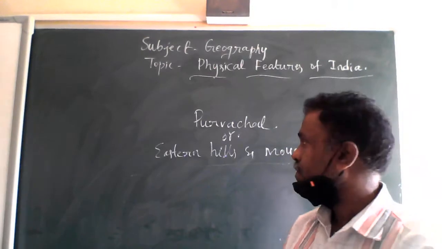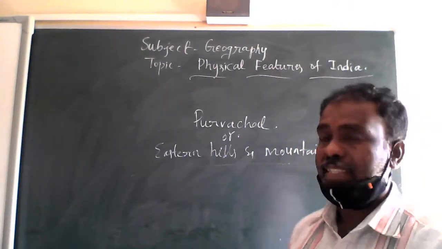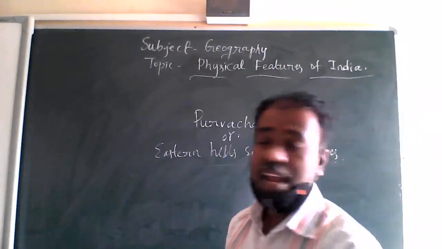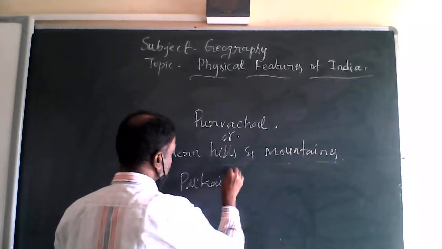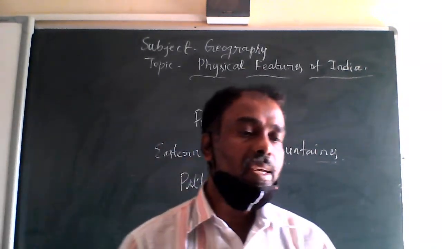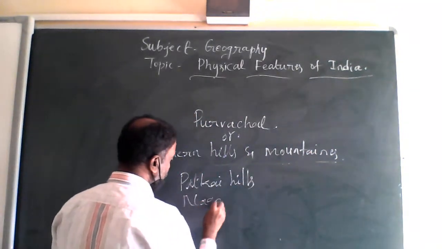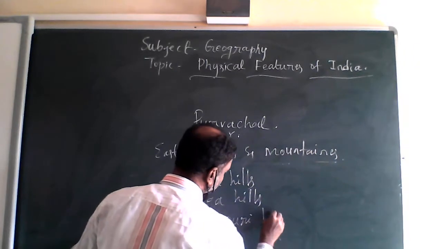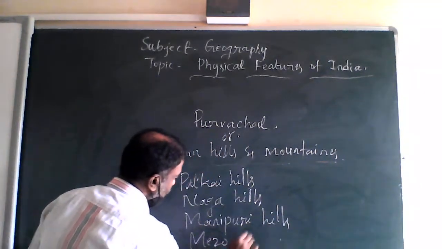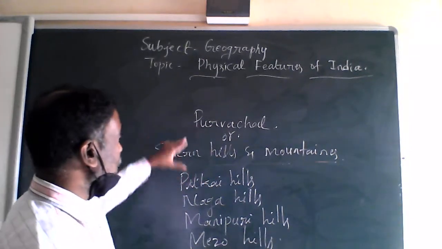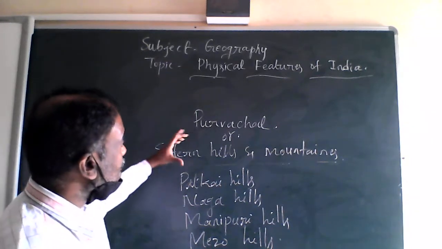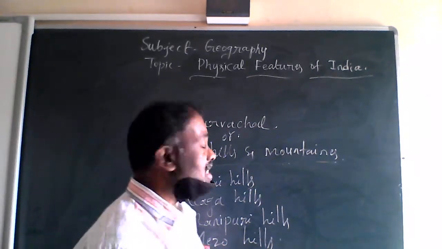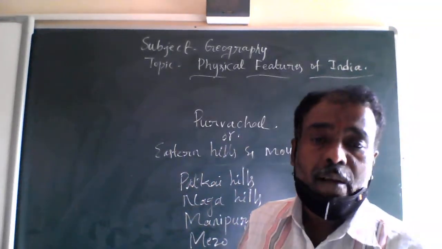So this Purvachal, what we call the eastern hills and mountains, comprises all these hills: Patkai Hills, Naga Hills, Manipuri Hills, and also Mizo Hills.